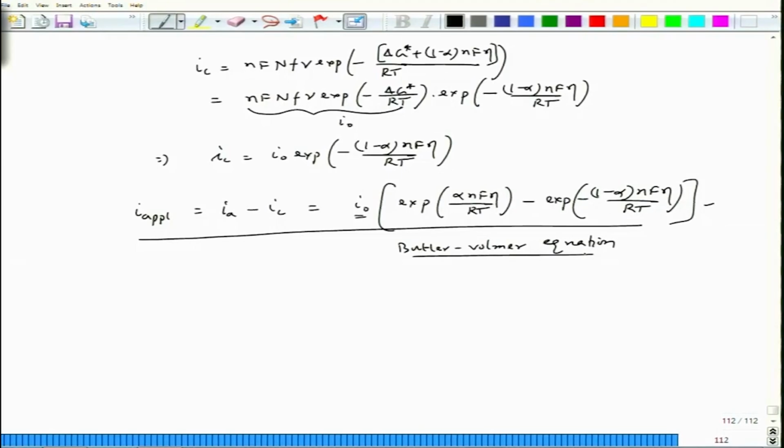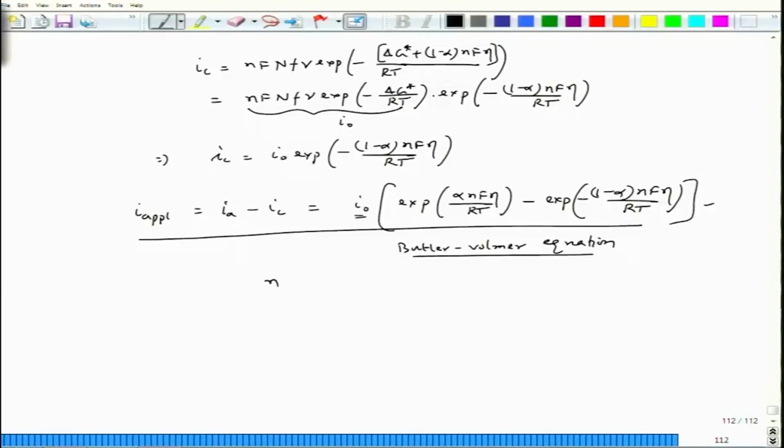Now, this equation has huge importance on the corrosion of a particular metal. We will look into that part, but before that, eta is nothing but E minus E0, and if eta is very large, whether it is positive or negative, when it is positive it is anodic, when it is negative it is called cathodic.